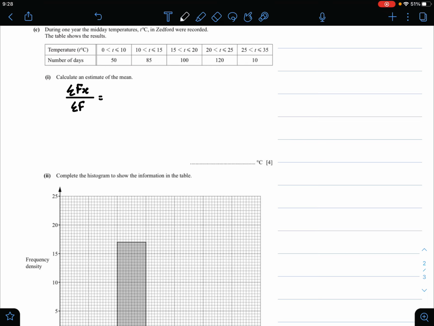So like that you find the x value for each of the class widths. So for the first one, your x value would be 5.